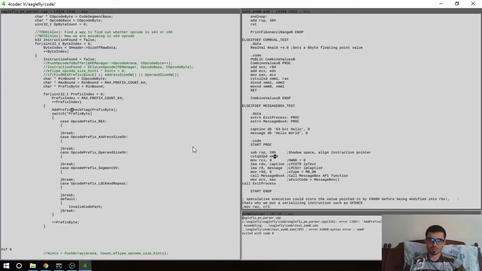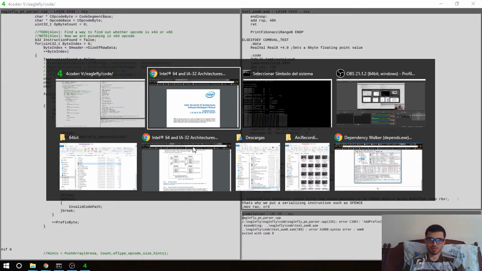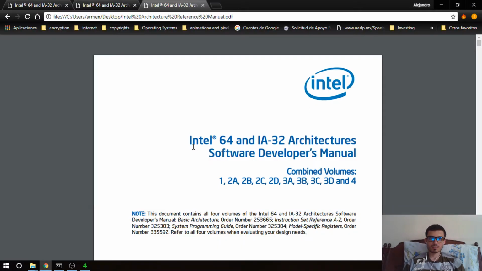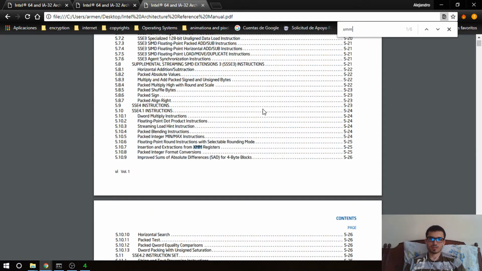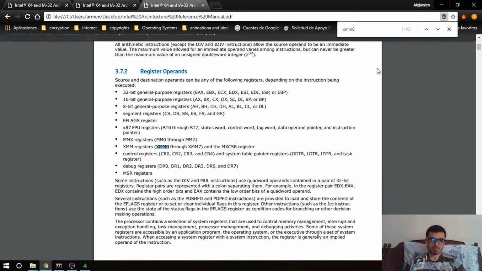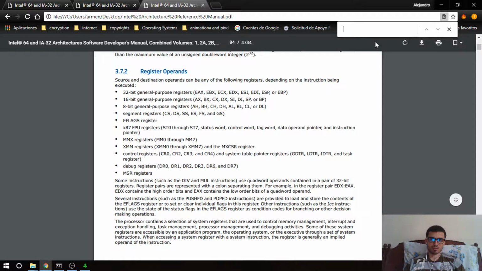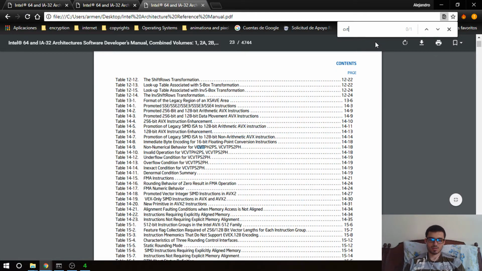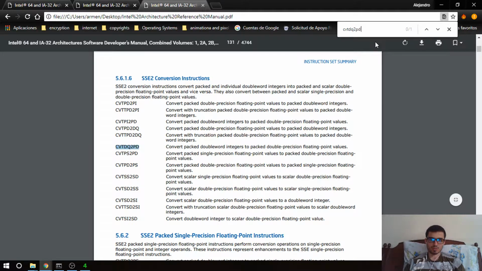So XMM0 is not the way. XMM0, or even better, convert the Q to PD.